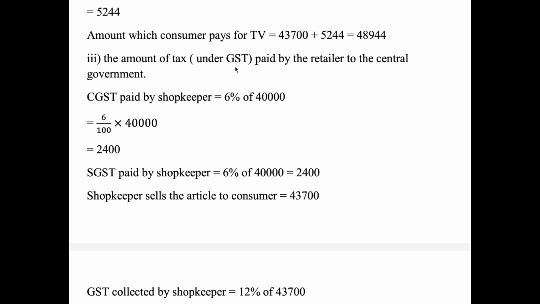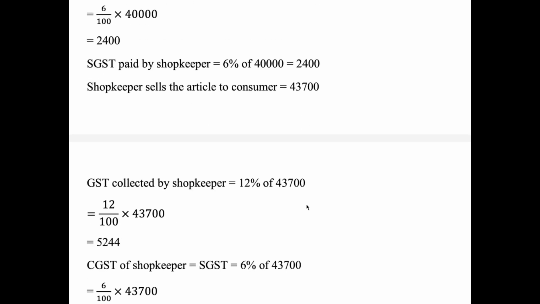Come to the next part of the question. The amount of tax under GST paid by the retailer to the central government, that is CGST paid by the shopkeeper, that is 6% of 40,000, that is 6 by 100 into 40,000, that comes to rupees 2400. SGST paid by the shopkeeper is 6% of 40,000, that comes to 2400. The shopkeeper sells the article to the consumer at 43,700.